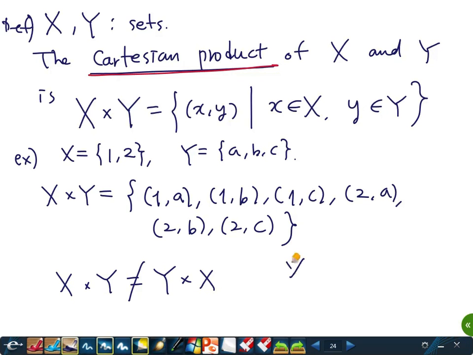Because Y times X in this example will have (A, 1), something like that. (A, 1) is not in X times Y, because the order of the elements in an ordered pair is important. (A, 1) is not equal to (1, A), so it's not here.